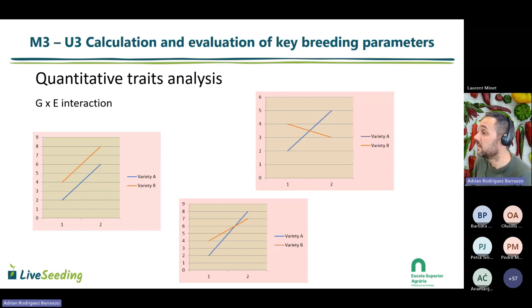That means that they can take advantage of this phenomenon, selecting specifically the varieties which best behave on each environment. This is the exploitation of the genotype by environment interaction. Okay, and this is very important for breeders.